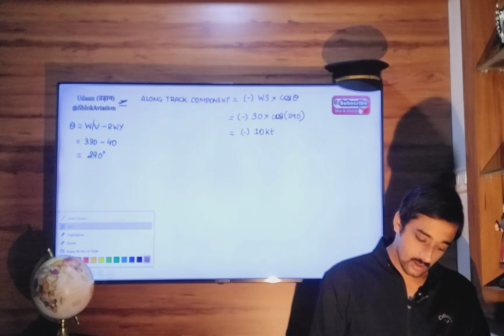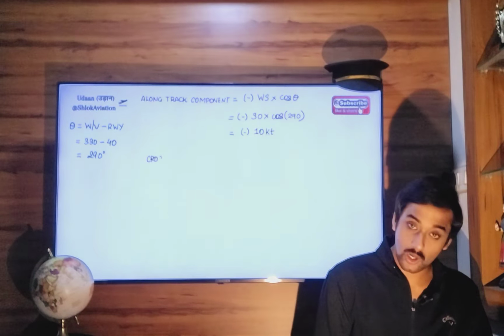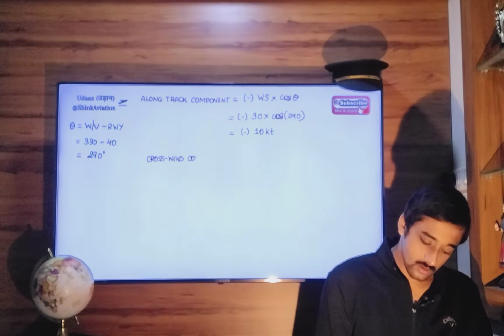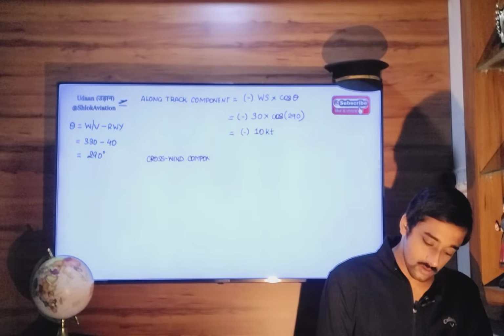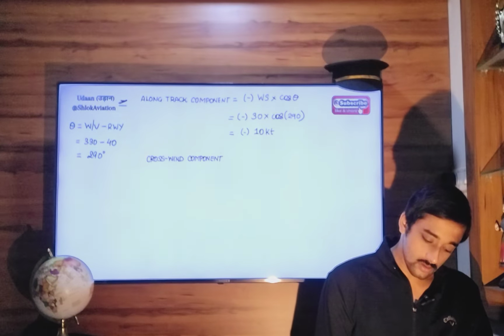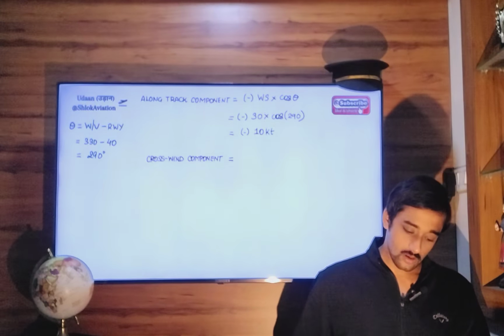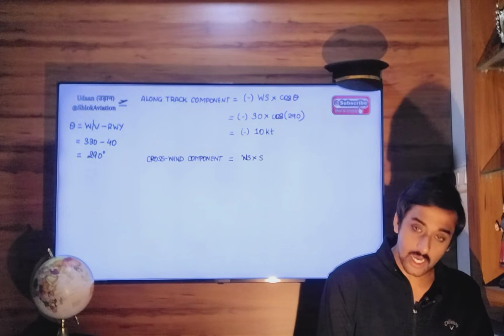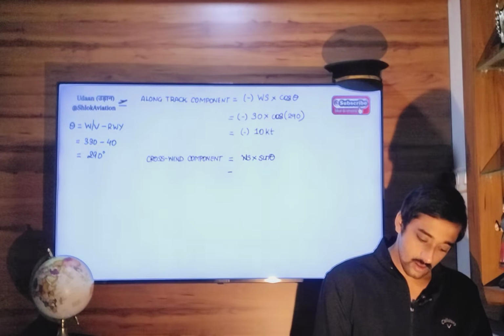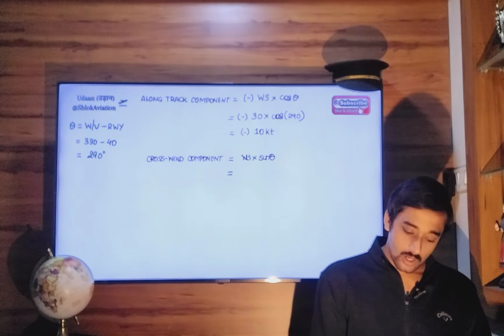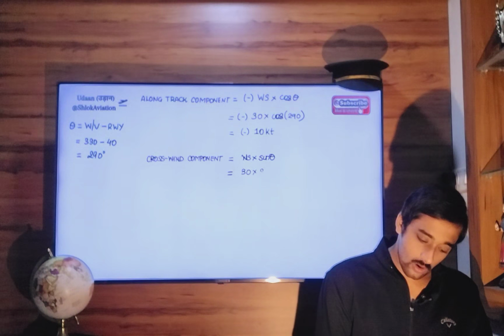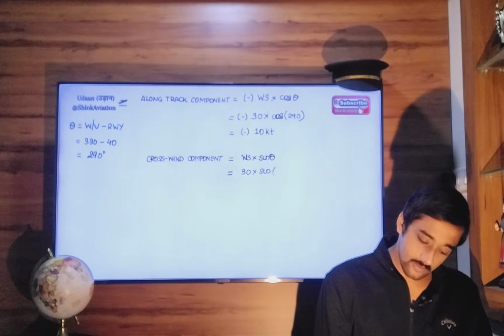Next, crosswind component or a cross track component. Okay, crosswind component equals wind speed into sine theta. So wind speed is what? It is equal to 30 knots, sine of 290.